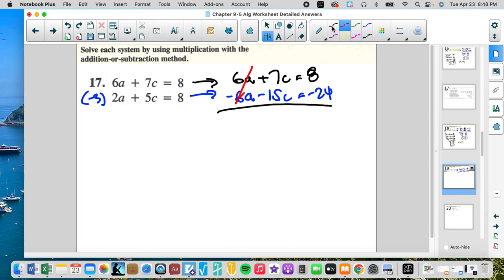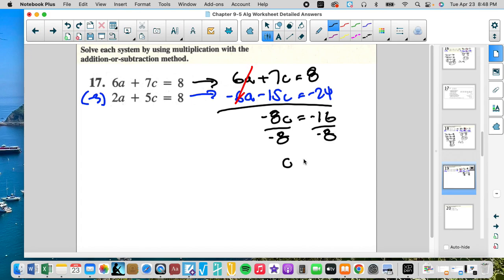The a's cancel. That gives me negative 8c equals negative 16. Divide by negative 8.